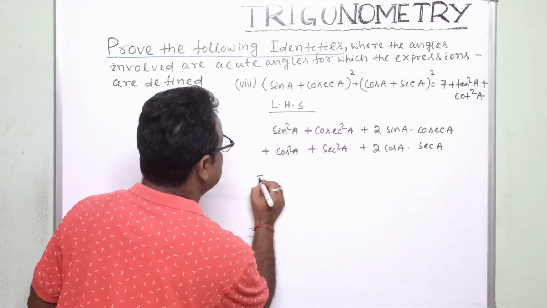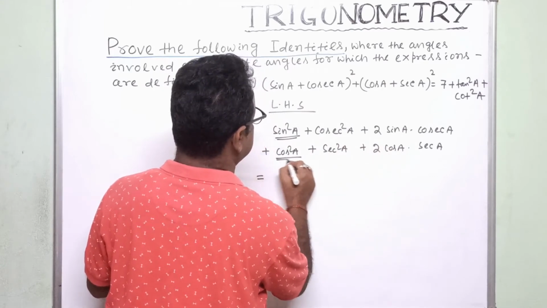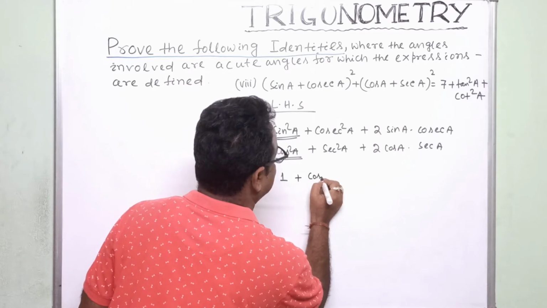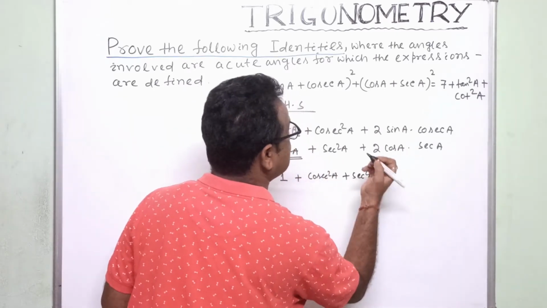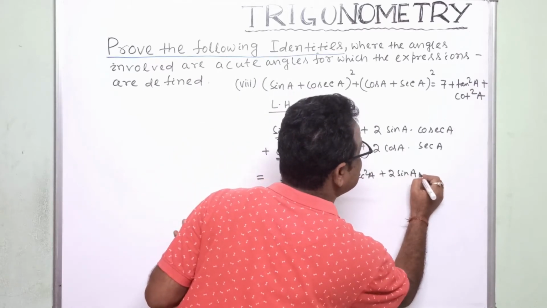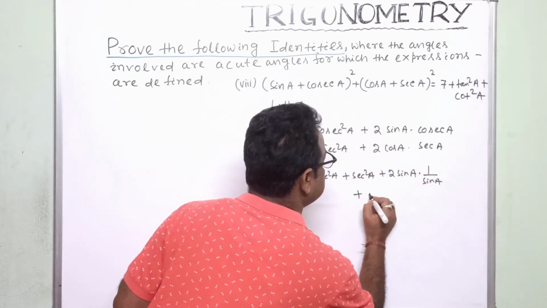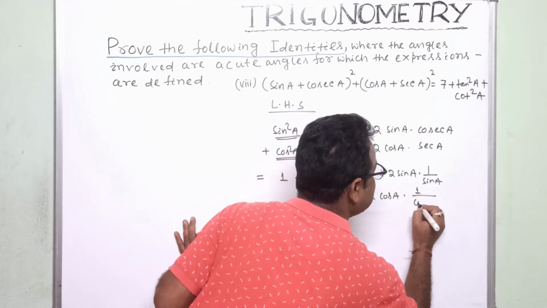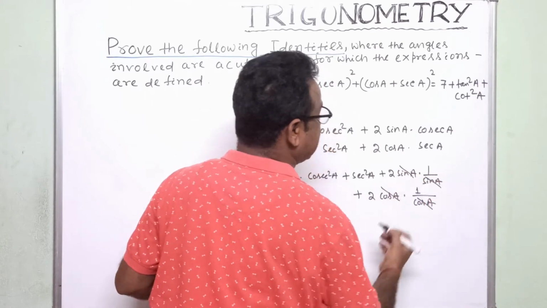Okay, that is equal to sin square A plus cos square A, that is 1, plus cosec square A plus sec square A plus 2 sin A into 1 by sin A, plus 2 cos A into 1 by cos A. So cos A cancelled, sin A cancelled.